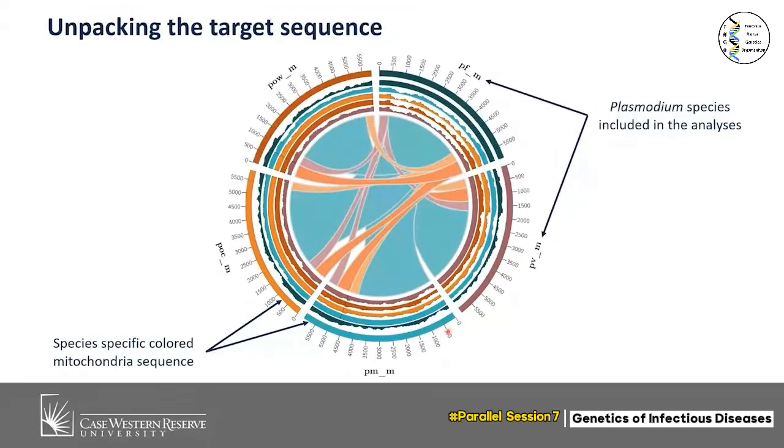Now, what this means is if you see here, this color is also right here. In this row right here, it means that malariae is being compared to vivax. How is it being compared? What does that mean?